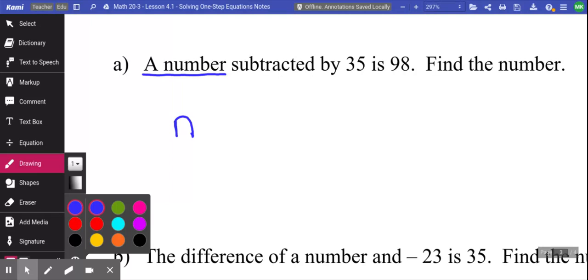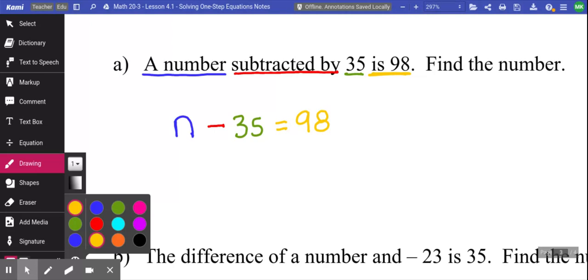You don't know what the number is, so you put the letter n. If you want to put x instead, you can put that as well. So a number subtracted by, so minus 35, and then is 98. Is means equals 98.